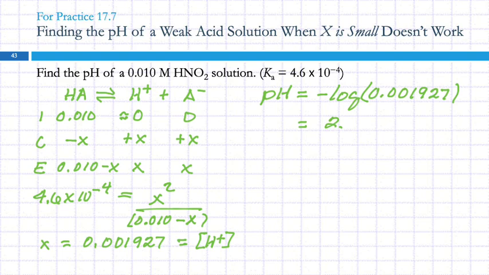So 2.7151, we're going to call that 2.72. I'm going to keep 2 decimal places because my equilibrium constant had 2 significant figures.